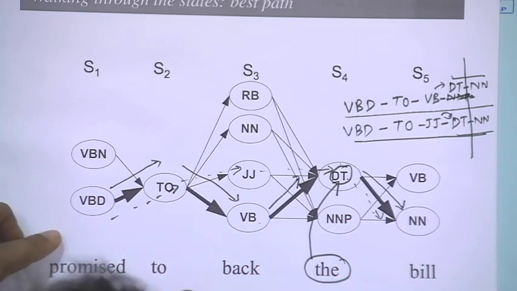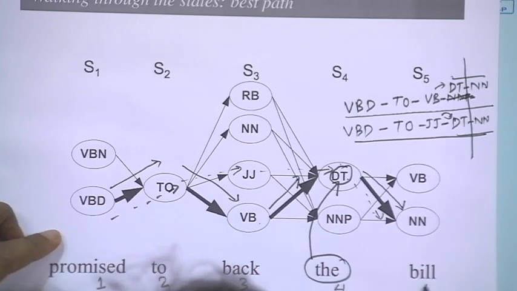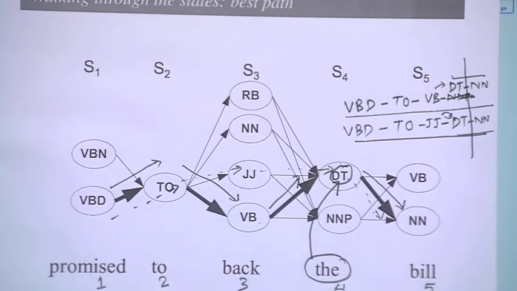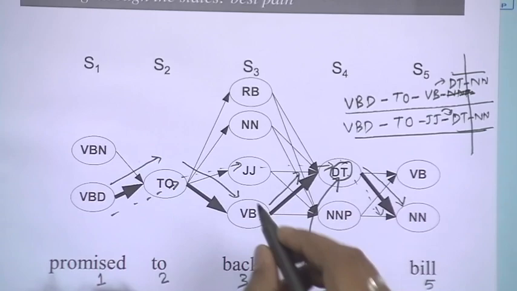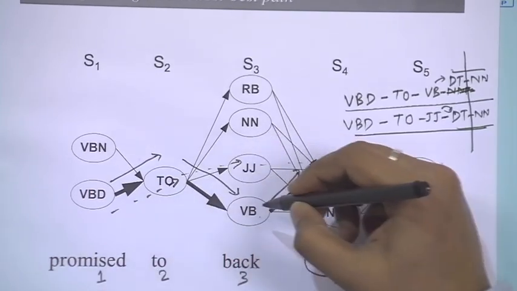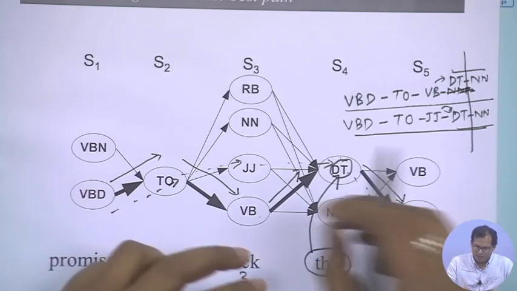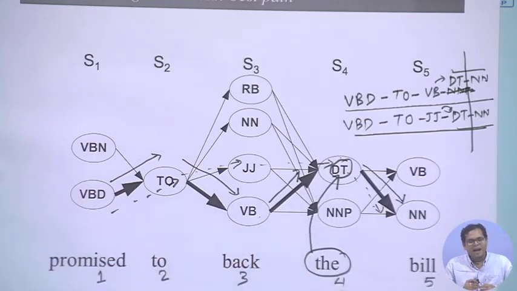Suppose I write them as steps: step 1, 2, 3, 4 and 5. At each step, for each part of speech tag, if I can store the best previous tag from which it should come, that is, which previous tag will maximize the probability of arriving at this particular tag, then the computations are shared for the same path and I do not need to repeat the same computations again and again.